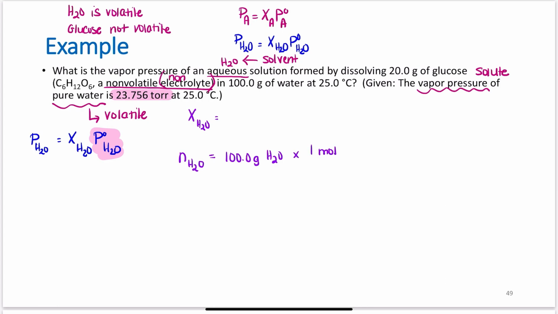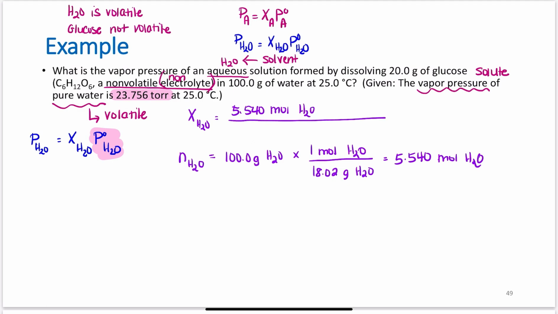Convert that to moles of water, using 18.02 grams of water per mole. This gives me 5.540 moles of water.